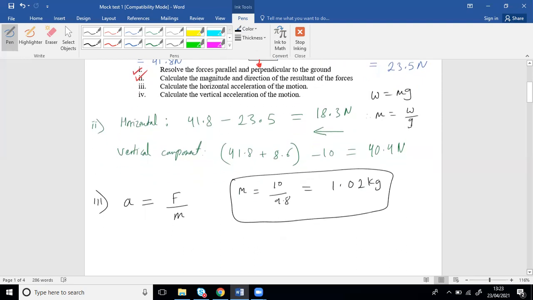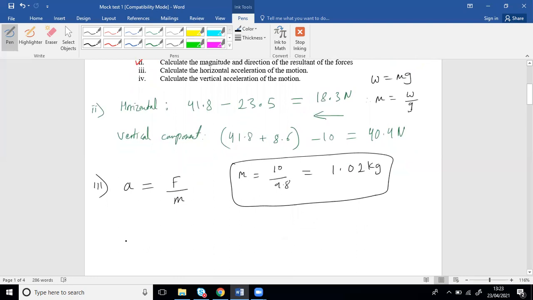So now I can move on to number 3. Calculate the horizontal acceleration. Horizontal acceleration would be horizontal force divided by mass. So the horizontal resultant force is 18.3, divided by 1.02. About 17.94. And I can do the same thing for the vertical acceleration. So for the vertical acceleration, I'm going to use the vertical component of force.